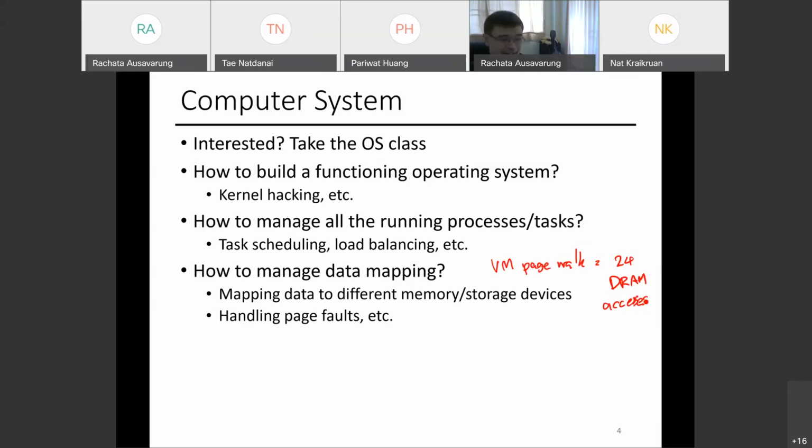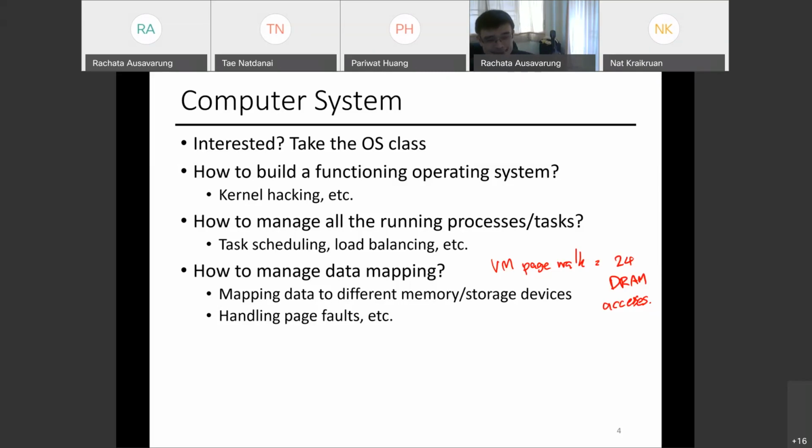So if you miss a TLB in the VM in VirtualBox, we were talking about four DRAM accesses for a 4-level page table, right? You remember from the virtual memory slide? It's basically 4 trips to DRAM to get your physical address inside the virtual machine. That becomes 24.